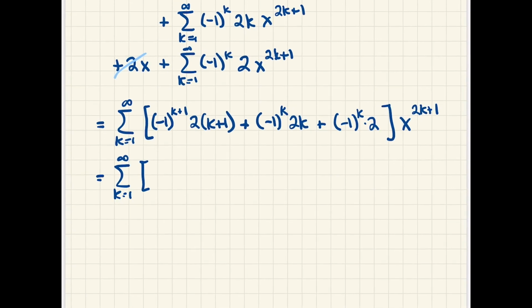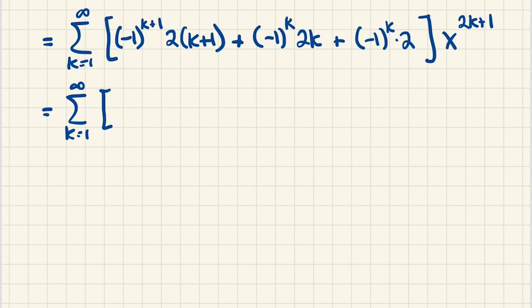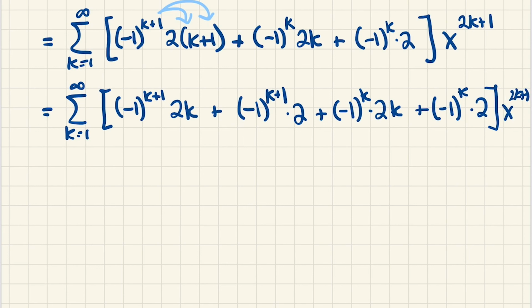All right, I think we're going to get the cancellations we want because all we have to do is distribute this guy, and we're going to get negative 1 to the k plus 1 times 2k plus negative 1 to the k plus 1 times 2 plus negative 1 to the k times 2k plus negative 1 to the k times 2, all times x to the 2k plus 1.